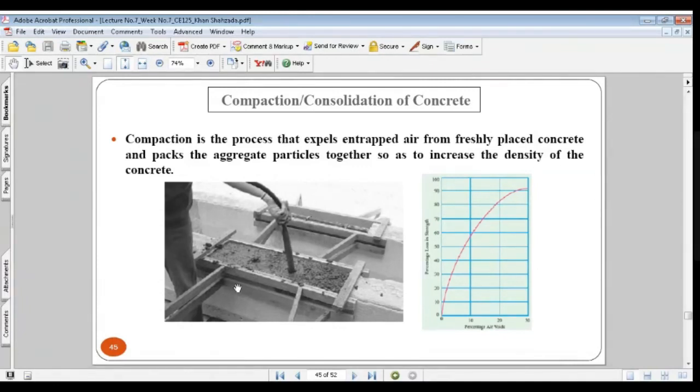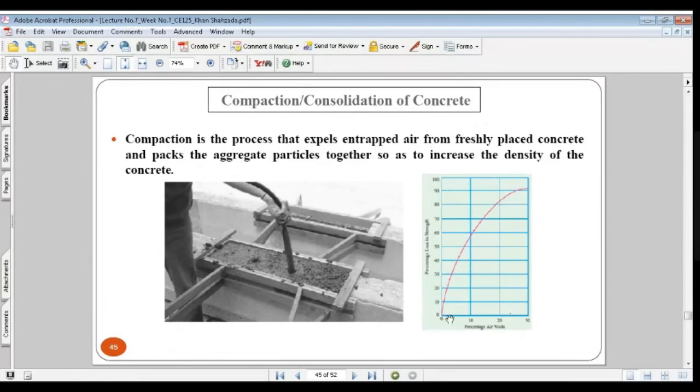When you are compacting the concrete, you are increasing its density. Once you increase the density, you increase the strength, the impermeability and the durability of the concrete.